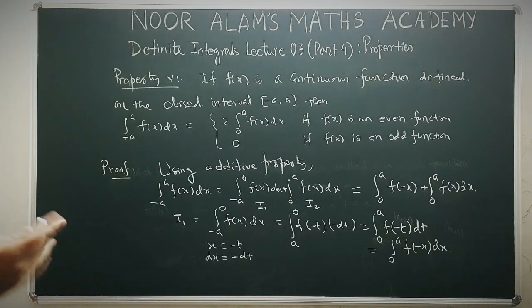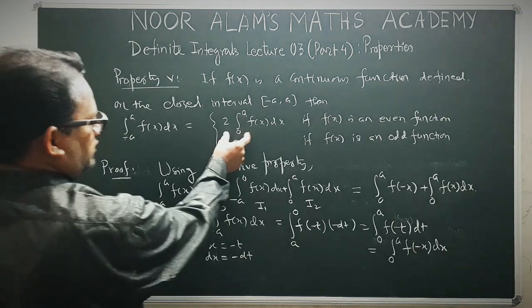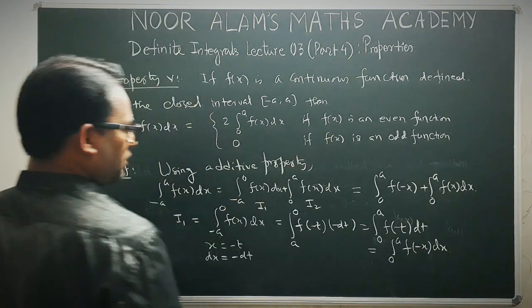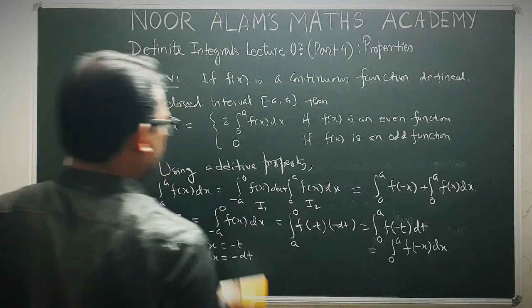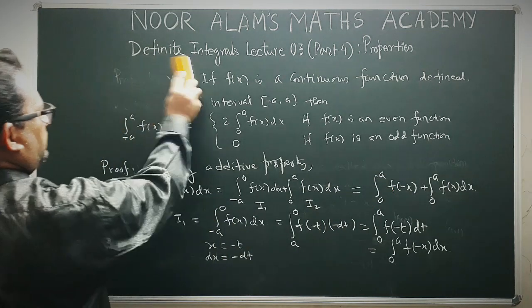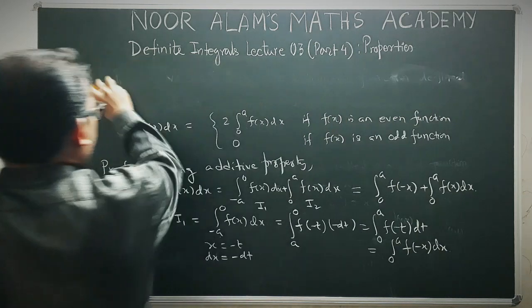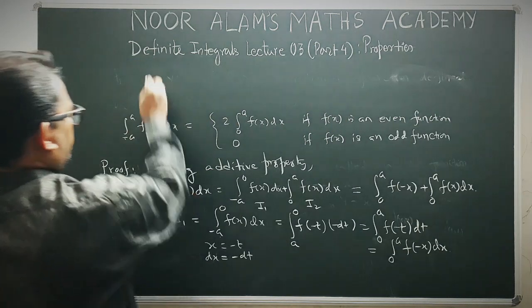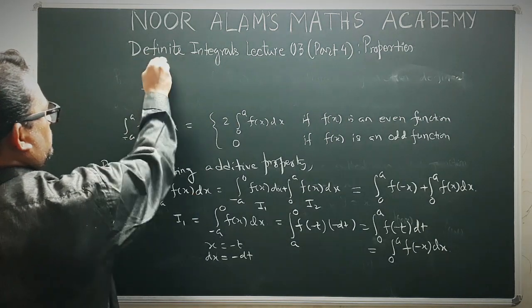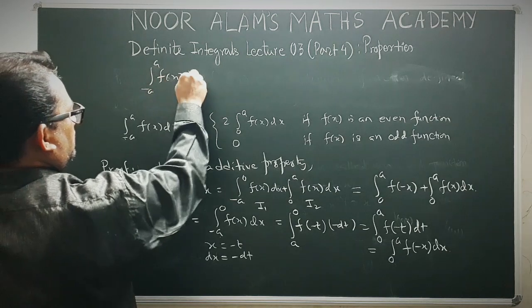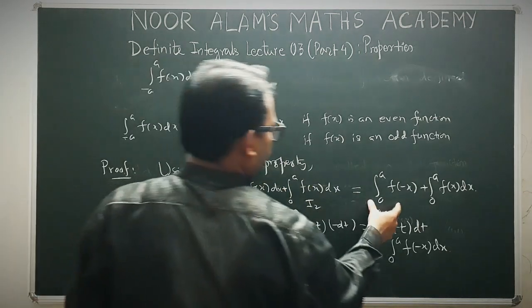Then I will prove the last two lines of this property. Now we have to prove what happens when f(x) is even. So we have this result. If the function is even, what will happen? The integral from minus a to a of f(x) dx equals the result we obtained, the integral from 0 to a.